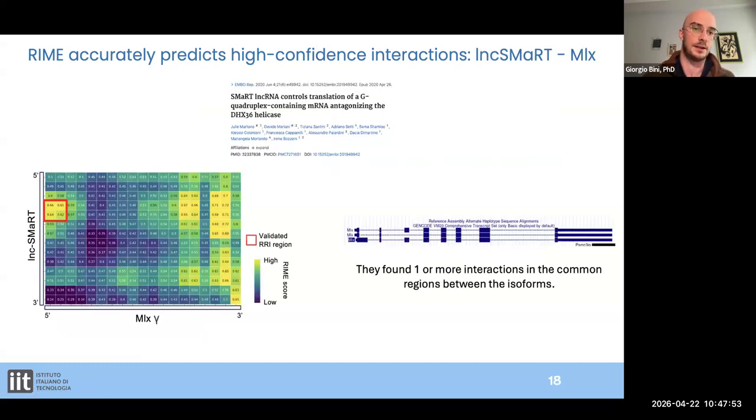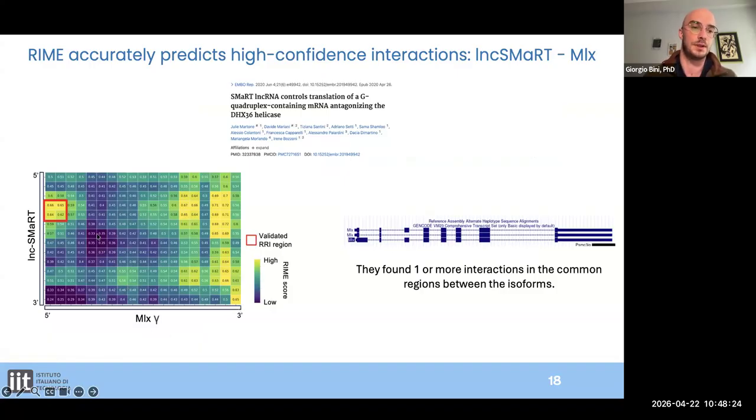And as further evidence, we also tested over this high-quality targeted pull-down experiment, where the authors proved through a deletion that this interaction between the long non-coding RNA SMART and the messenger RNA of the MLX gamma gene directly regulates the level of the protein of the MLX gamma gene.